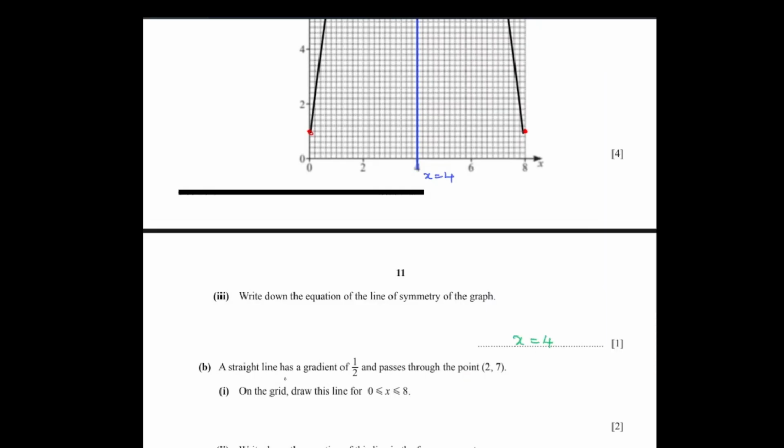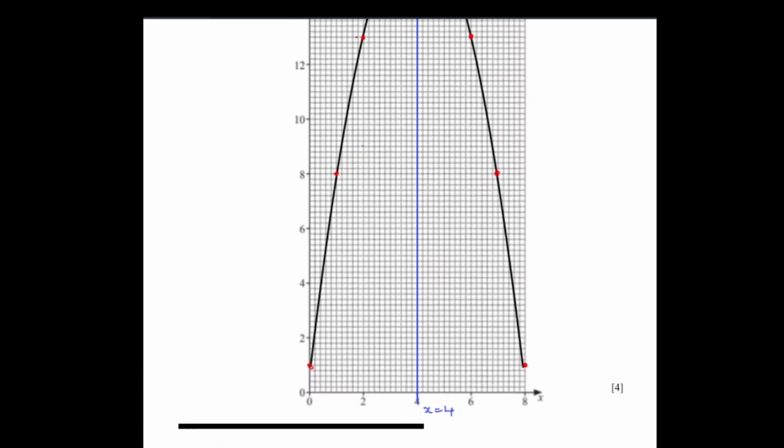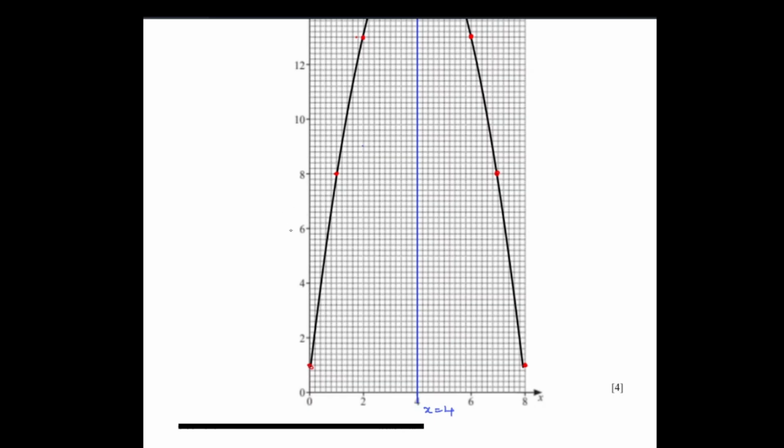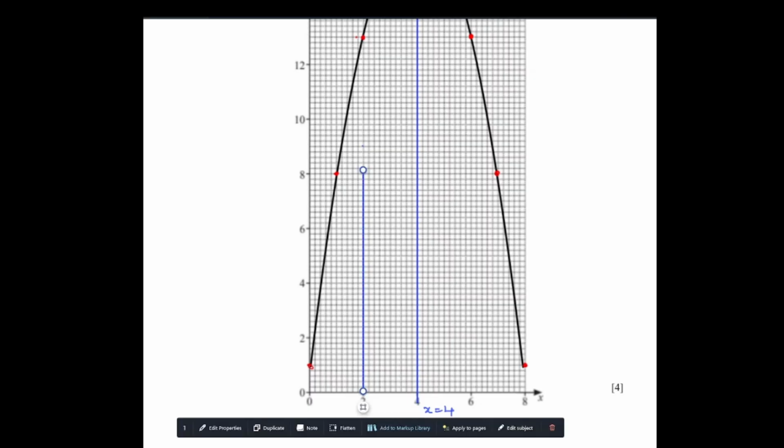Then a straight line has a gradient of 1 by 2 and passes through the point (2, 7). On the grid, draw this line for 0 less than or equal to x less than or equal to 8. So (2, 7) is a point. Let us first mark that point. 2 is this line, let me draw a line here, and 7 is in between 6 and 8.